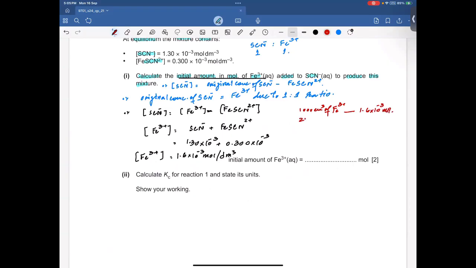So if we have 25 cm3 of the solution, the moles is going to be 1.6 exponent minus 3 into 25 divided by 1000. So it's going to be 4 into 10 to the power minus 5 moles. All right, and that's my answer. 4.0 into 10 to the power minus 5 moles.